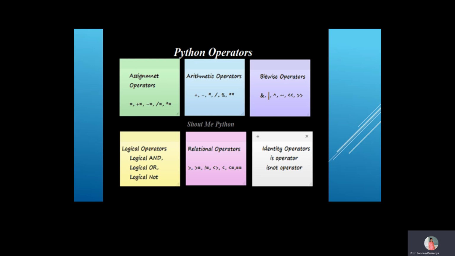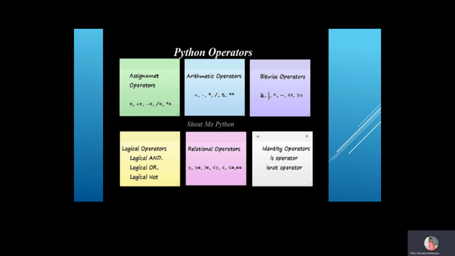Now we see assignment operators. Assignment operators are used to assign values to variables. These are some assignment operators like equal to, plus equal to, minus equal to, divide equal to, multiplication equal to.